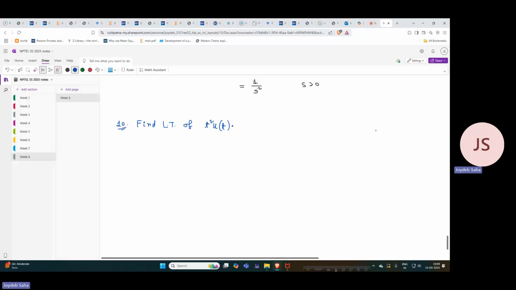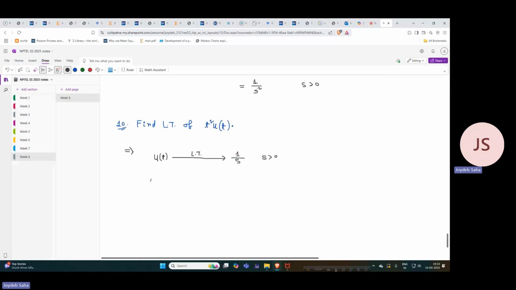Okay, so let us try to solve the problem. We know that u of t, its Laplace transform is 1 upon s for s greater than 0, right?